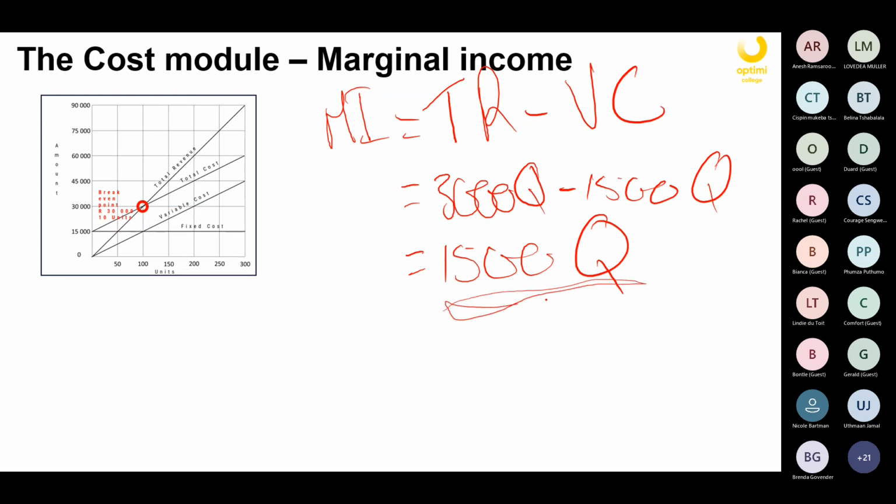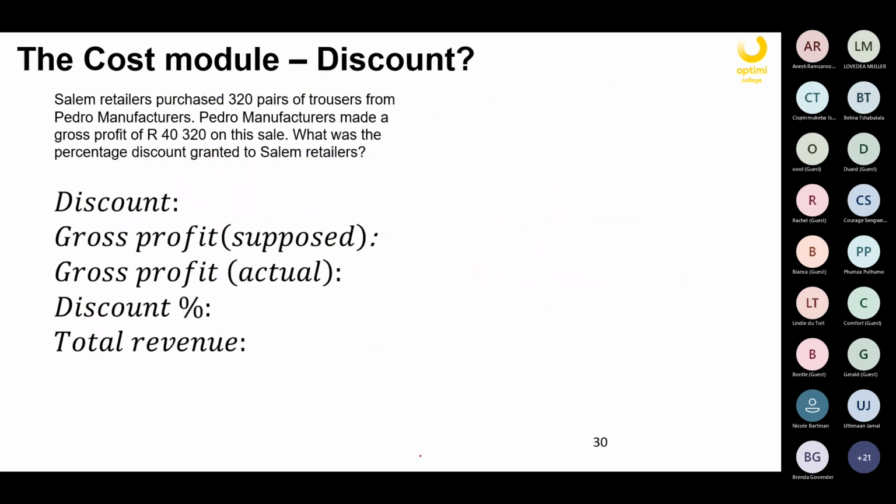Marginal income or gross profit, 1,500 Q. So there we go. 1,500 times 320 equals 480,000.